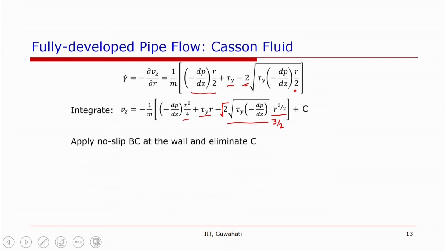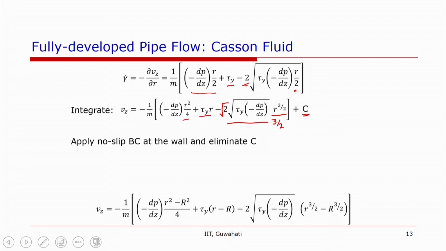So now we apply, there is again an integration constant here. So now we apply no slip boundary condition at the wall, and we can eliminate C. So if we do that, then we will end up with Vz is equal to minus 1 over m, minus dp by dz r square. So in this place now we are writing it for the wall.